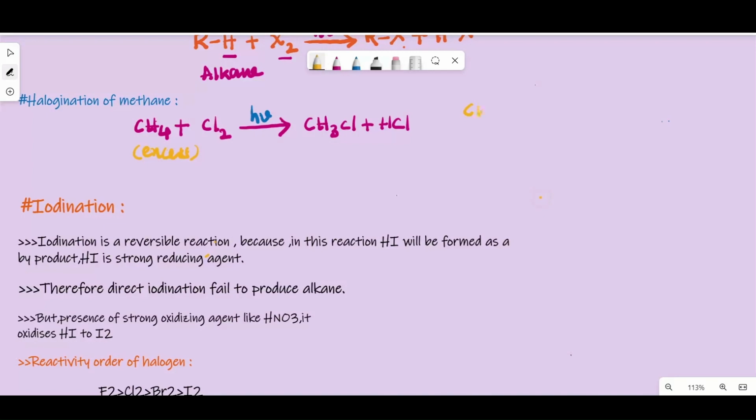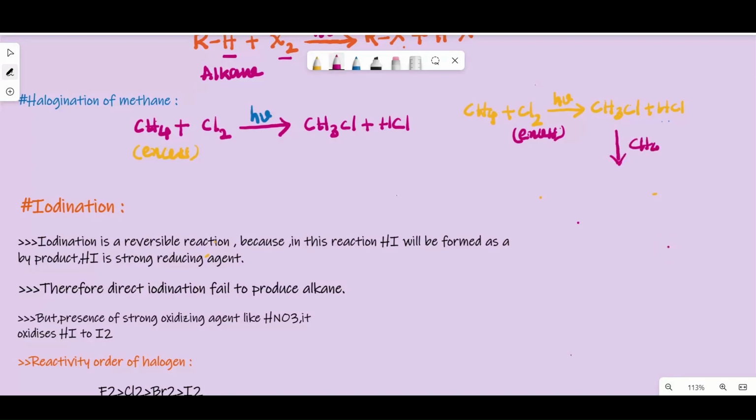If you take CH4 plus Cl2 in the presence of h nu, here we are taking this in excess, so you will get methyl chloride, CH3Cl, plus HCl. Again we are adding Cl2, so this reaction will continue like this.